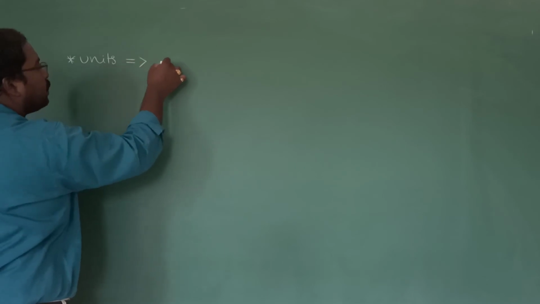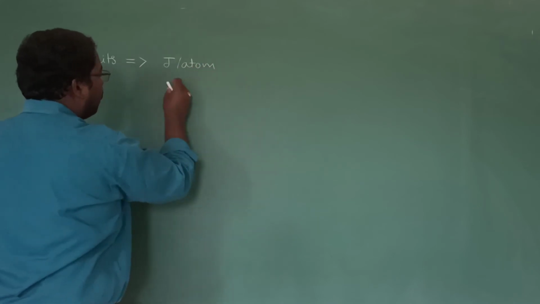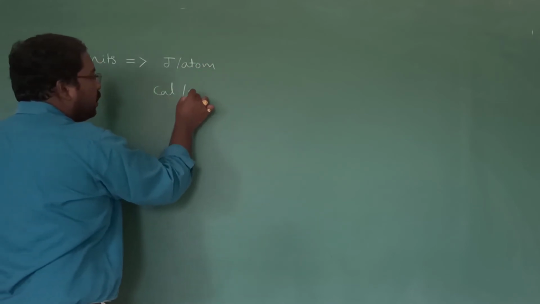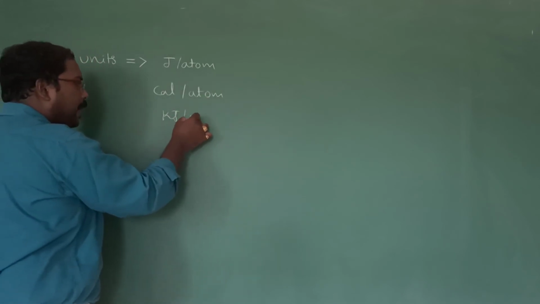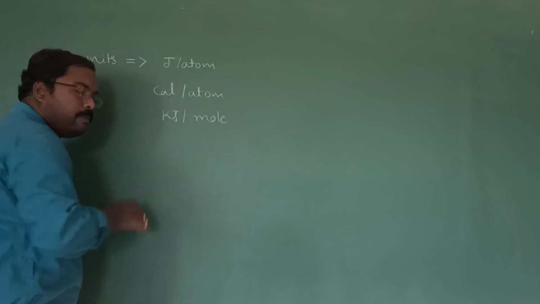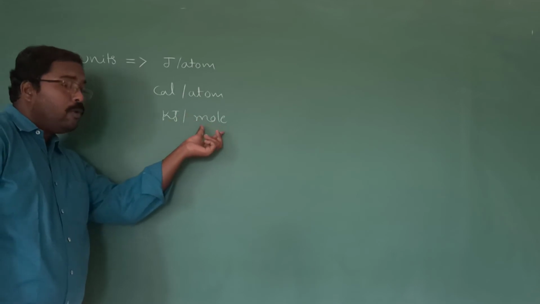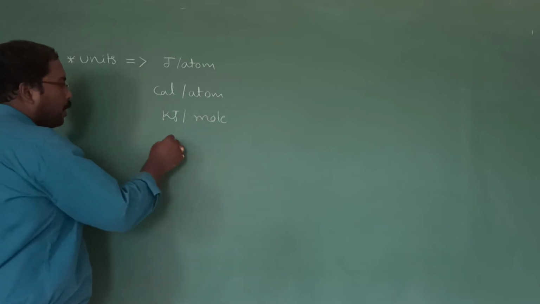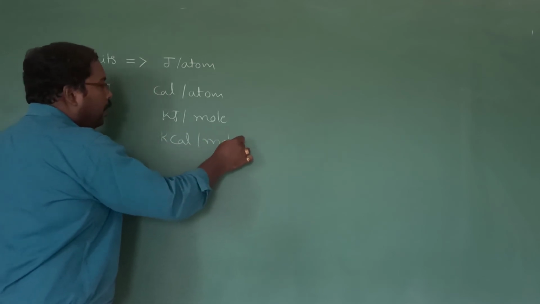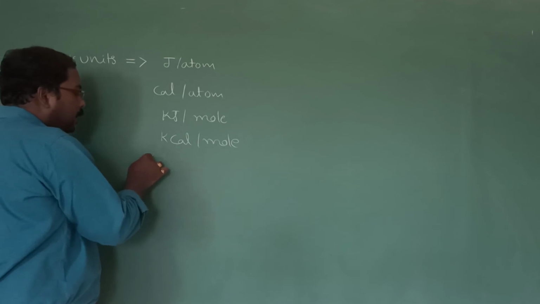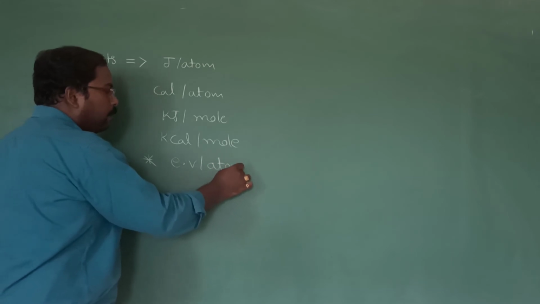Ionization energy can be expressed in joules per atom, calories per atom, or kilojoules per atom or per mole. Per mole means the energy required to remove electrons from 1 mole of atoms, or kilocalories per mole. The most common and important way to express it is electron volts per atom.